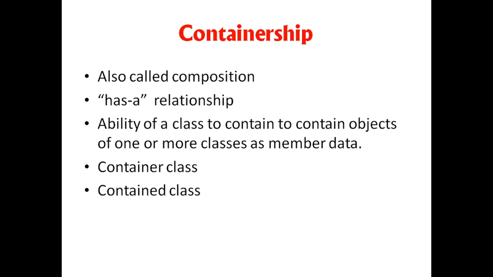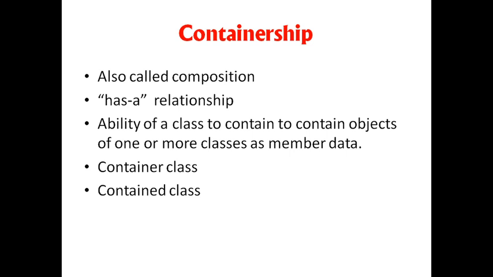Next feature of object oriented programming is containership. Containership is also called composition. In inheritance, we have seen the relationship is a child is a parent. Like that, in containership the relation is has a.